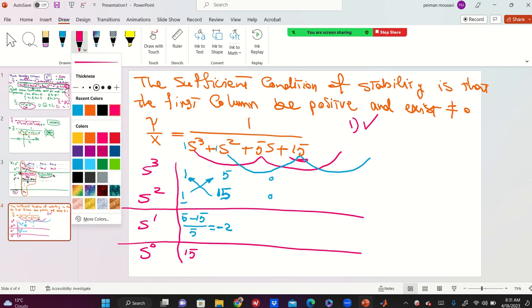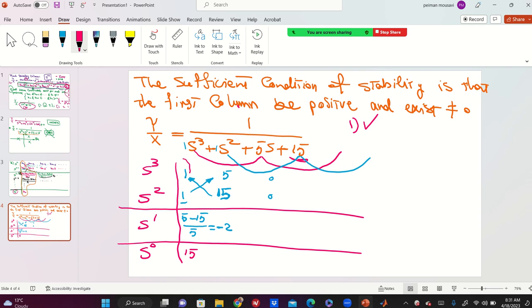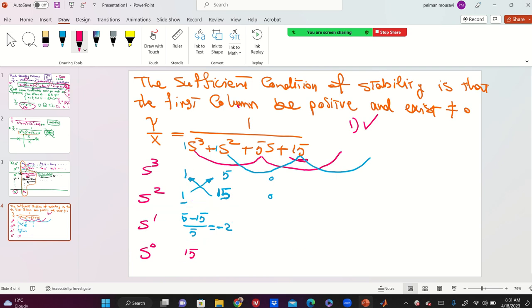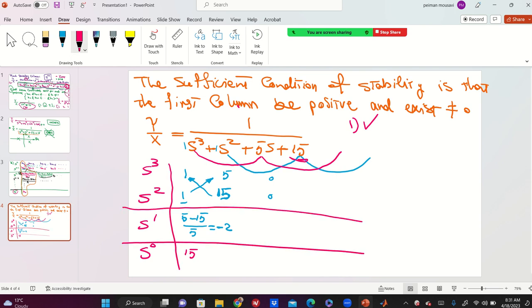I said the condition of stability is that you have to select the first column. All exist: 1, 1, minus 2, 15. But are they all positive? No. You have a minus 2 here. So your system is unstable.